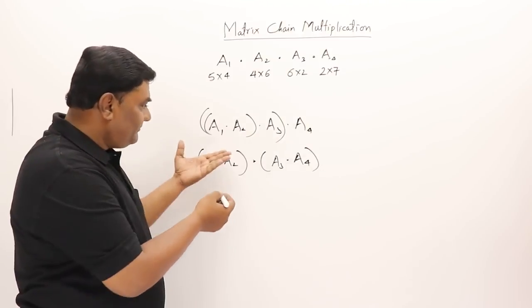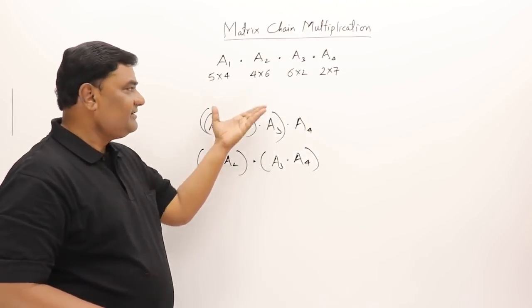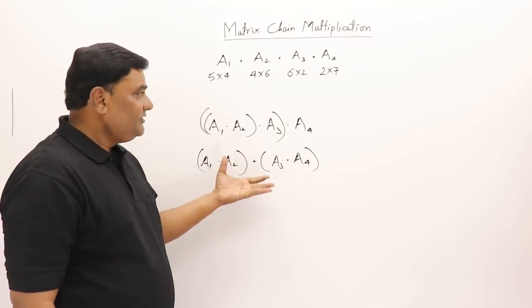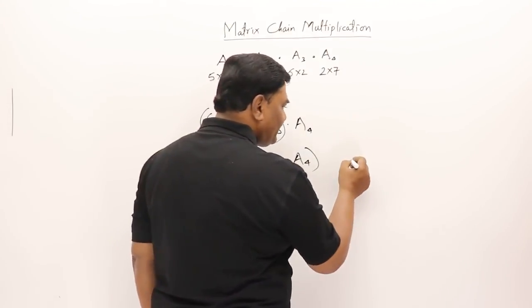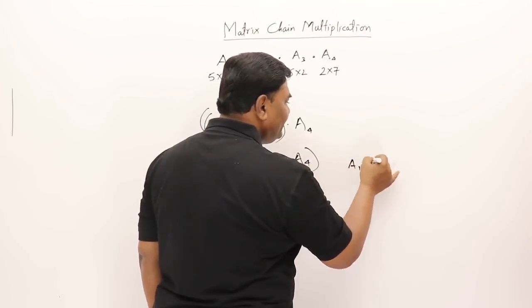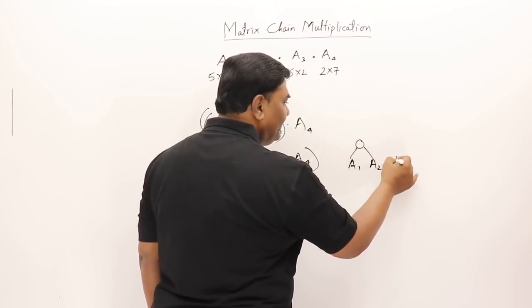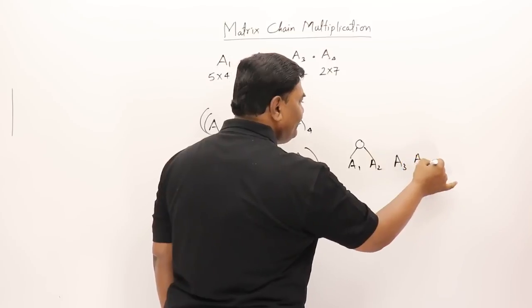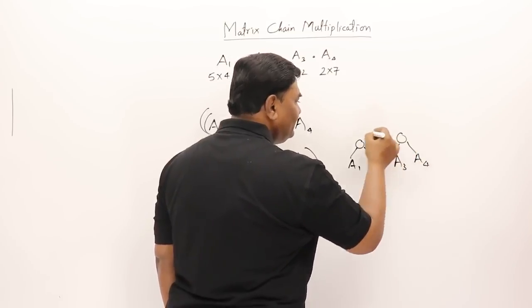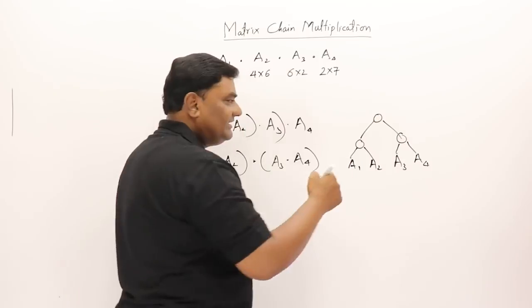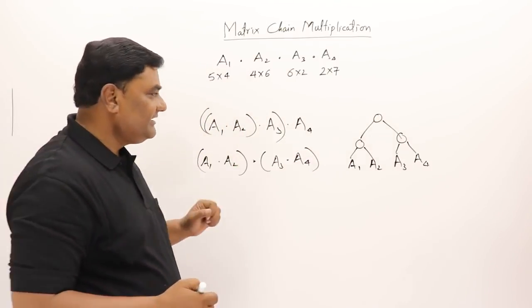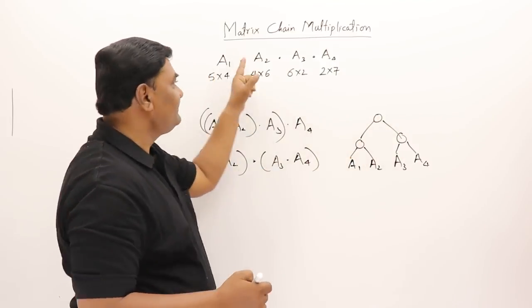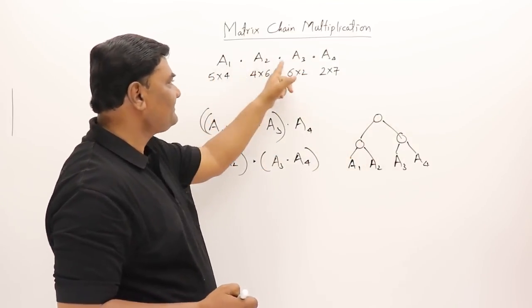See, like this, how many possibilities are there? There are many ways I can parenthesize them. So let me find out in total how many ways there are. If I show this in the form of a tree, A1 is multiplied with A2, then A3 is multiplied with A4, then their results are multiplied. So it's forming a tree with how many nodes? 3 nodes, because there are 3 multiplications for 4 matrices.